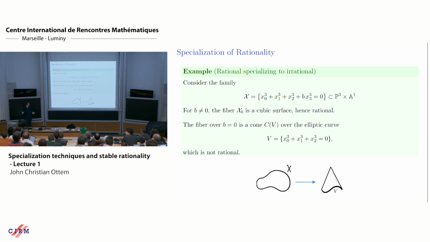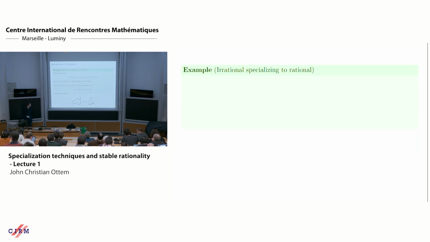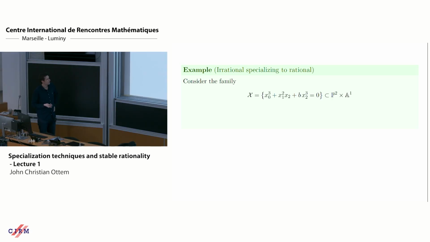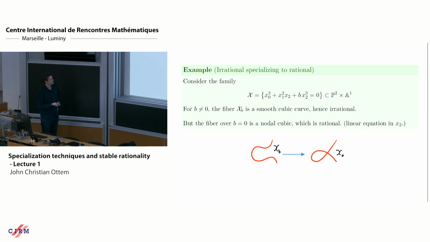Okay, but that says that if you have a smooth family of varieties, it can specialize to irrational if you allow this kind of horrible singularity in the special fiber. You can also have irrational varieties that specialize to rational. Maybe this is even more basic because you can have elliptic curves in the plane that specialize to a nodal cubic.